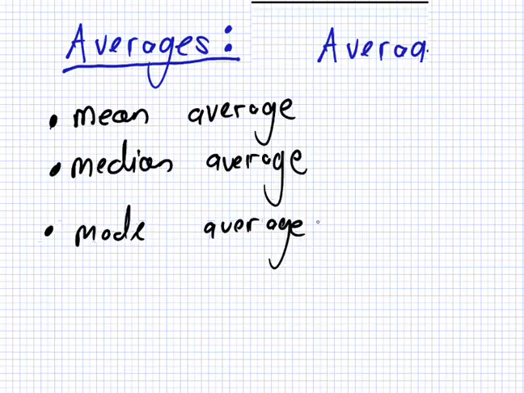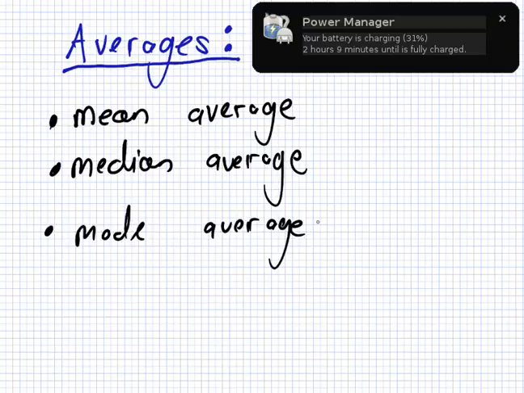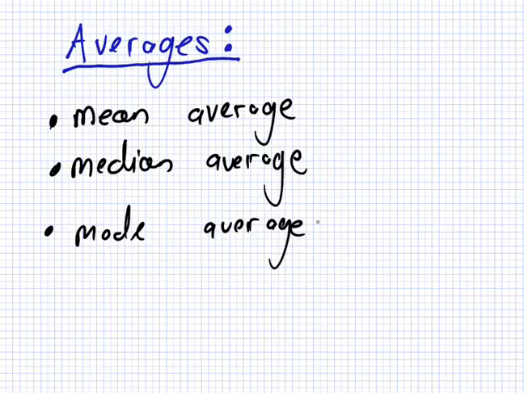So the first one to start with, I think, is the easy one which you all learn about in school, and that's the mean average. So as you said, you add them up and you divide by how many you have.